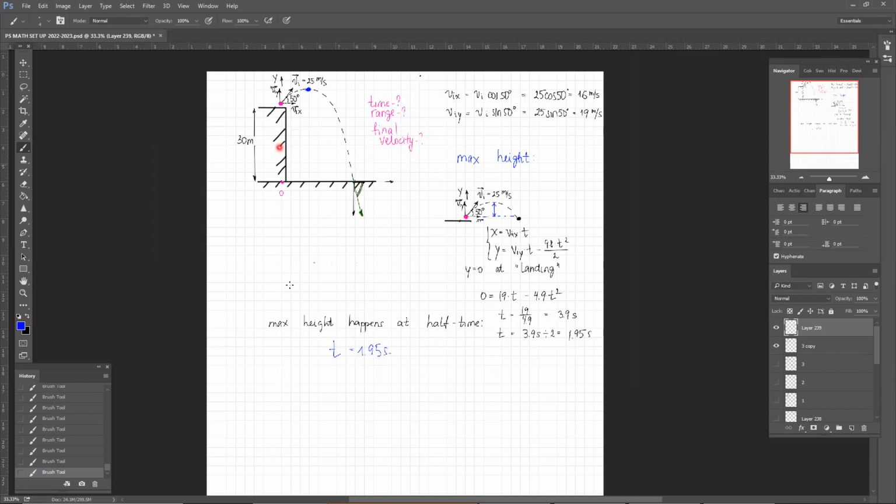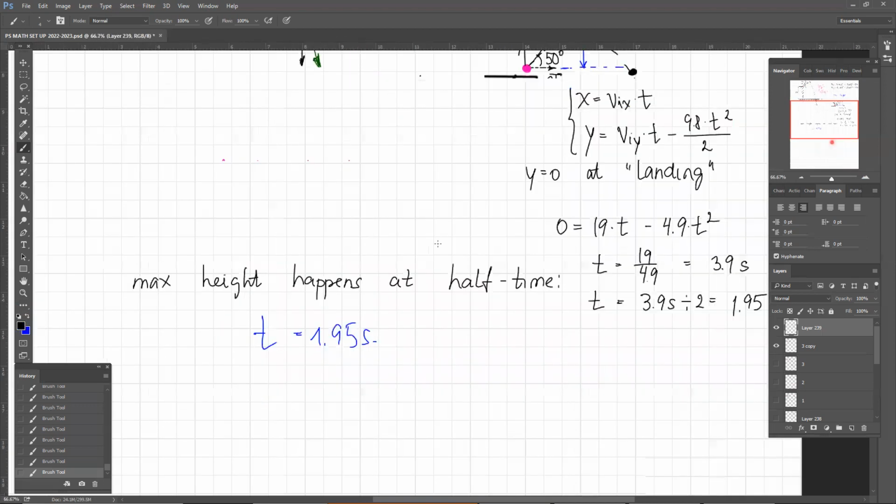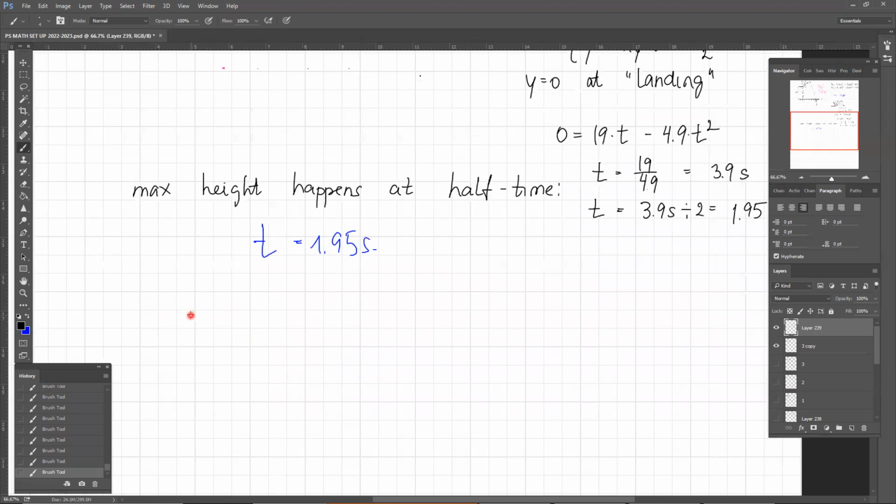All we need is just to put this time into the equation of this line for y, and we will be able to calculate it. We can use this equation. We just need to remember to add 30 at the end, or we can just reuse the equation that we had originally, which was y equals 30 plus 19t minus 9.8 t squared divided by 2.